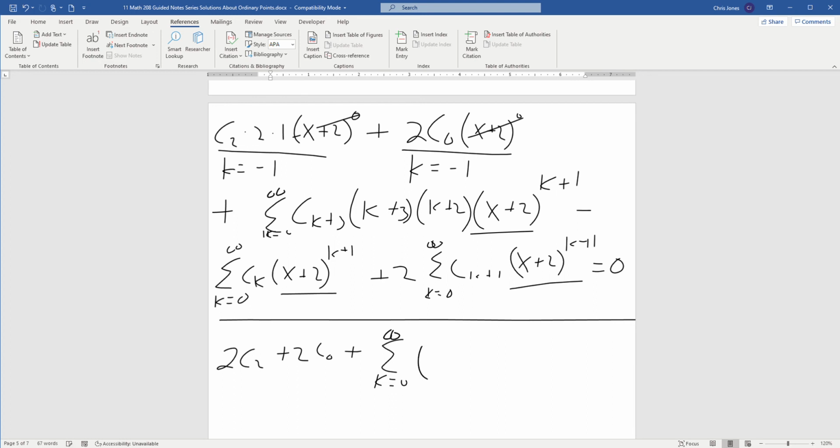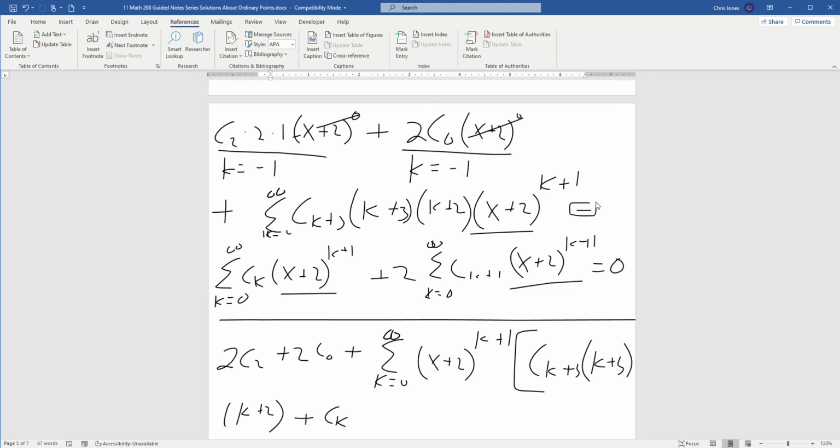So we're going to factor out that (x plus 2) to the k plus 1. And we are going to be left with c sub k plus 3 times k plus 3, k plus 2, plus just c sub k, or minus, excuse me, because of the minus that's right here.